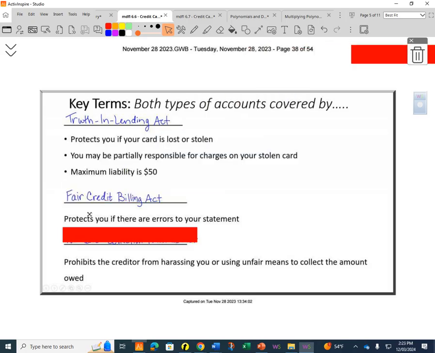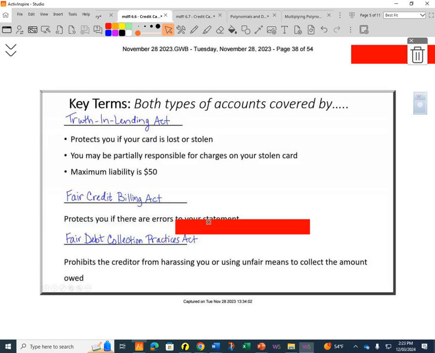The Fair Credit Billing Act is another thing that protects you, and it protects you if there are errors on your statement. So if the credit card company or the charge account company makes a mistake, you are not penalized. And the last one is the Fair Debt Collection Practices Act, and it keeps creditors from harassing you to collect the amount you owe. Even if you owe it, they're not allowed to harass you to get the payment.